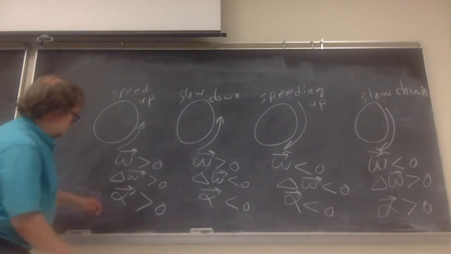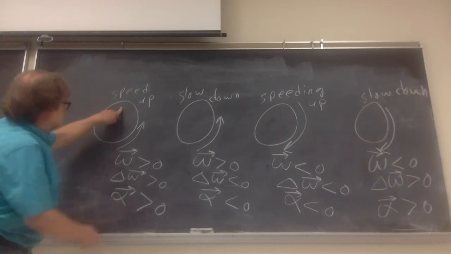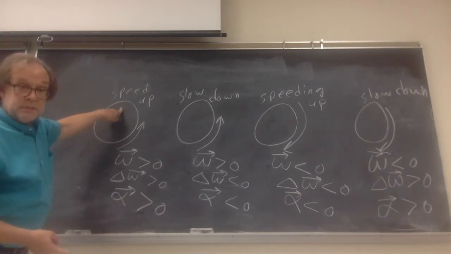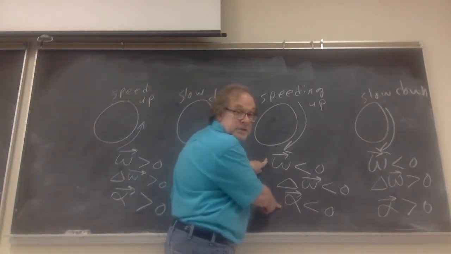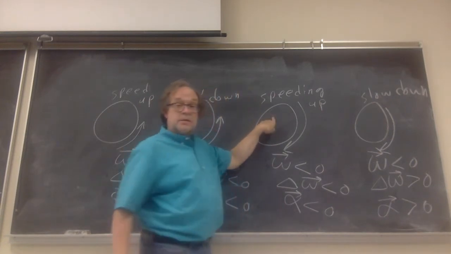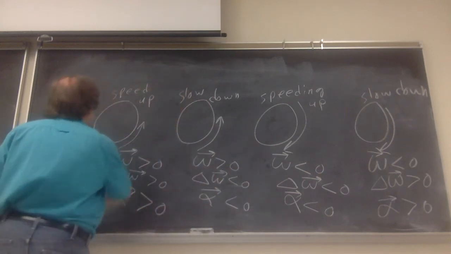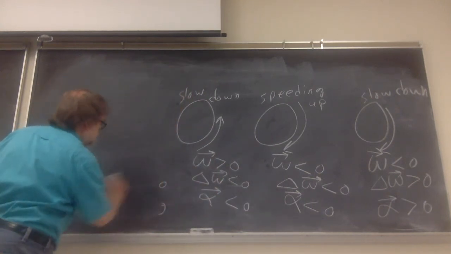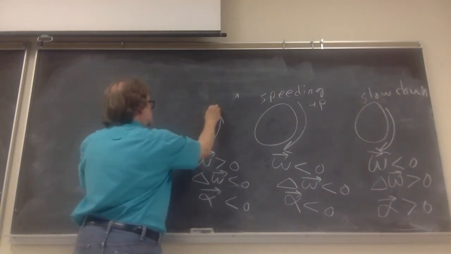Here, velocity and acceleration have the same sign, and the disk is speeding up, spinning faster. And here, velocity and acceleration have the same sign, and the disk is speeding up, spinning faster and faster. So, what do we say? Keep this for a second.